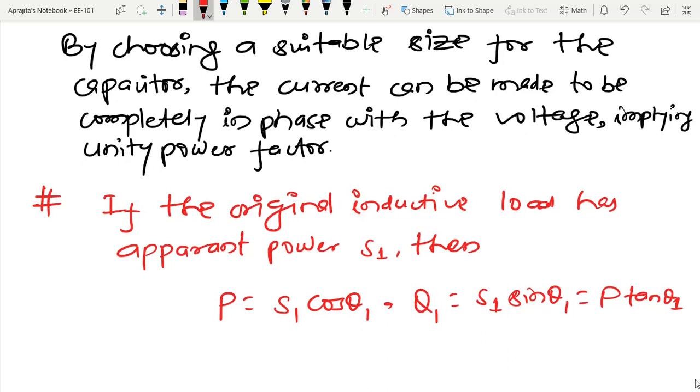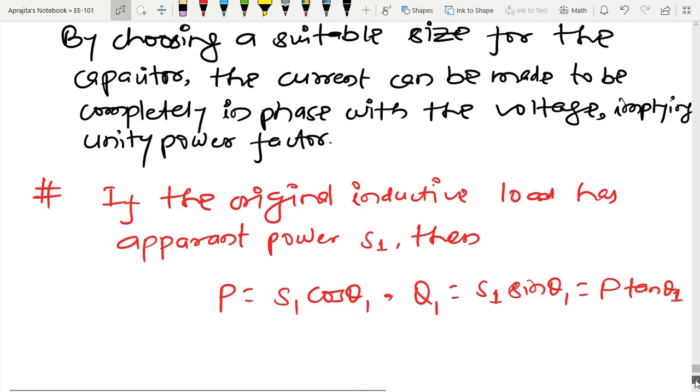So now what I am telling is that I am going to increase the power factor.